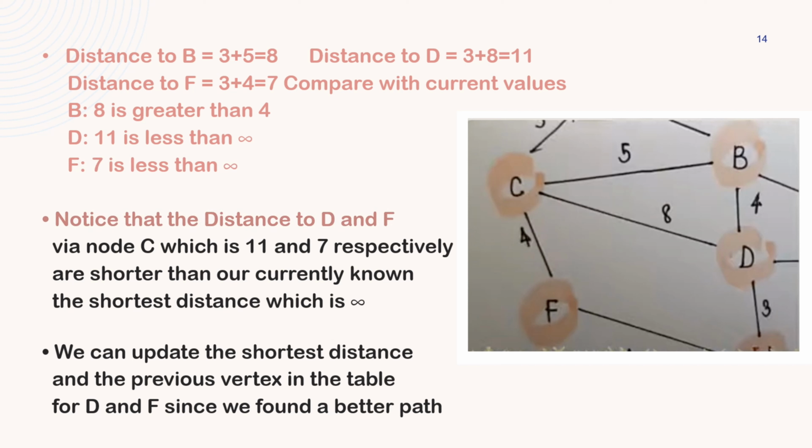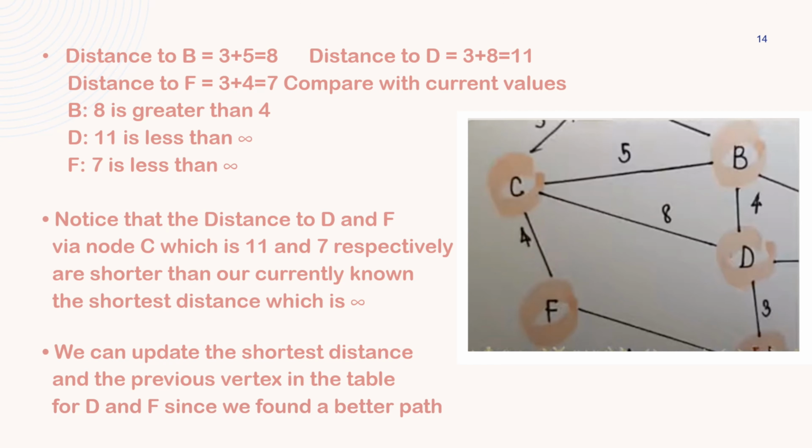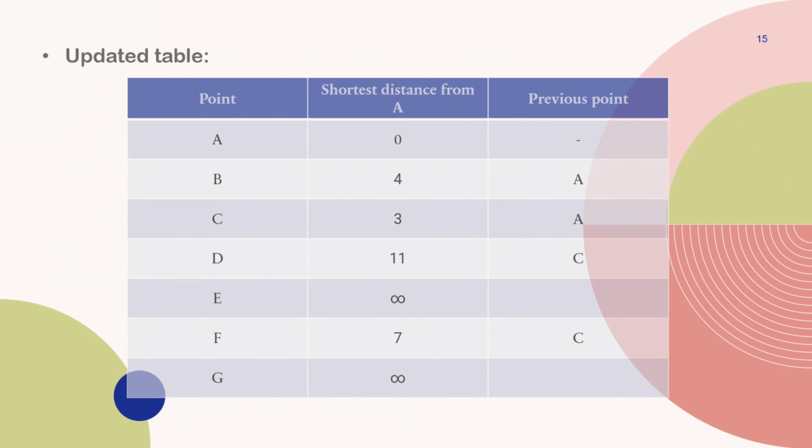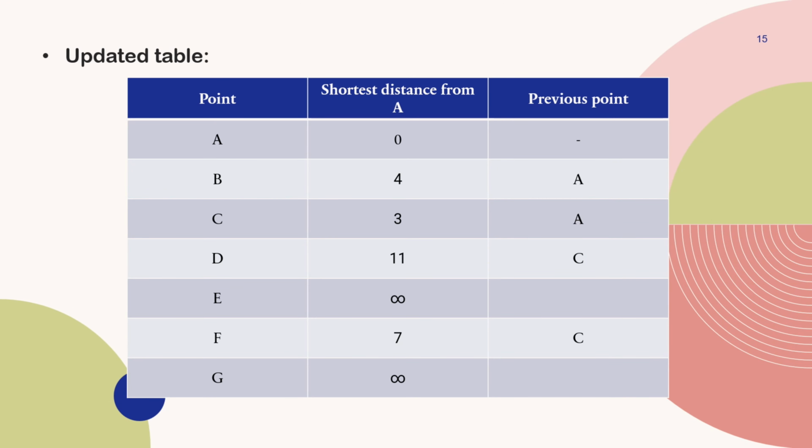Notice that the distances to D and F via node C, which are 11 and 7 respectively, are shorter than our currently known shortest distance, which is infinity. We can update the shortest distance and the previous vertex in the table for D and F since we found a better path. This is the updated table.